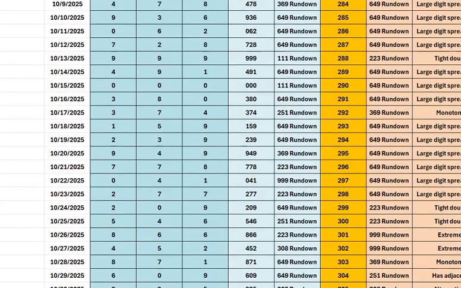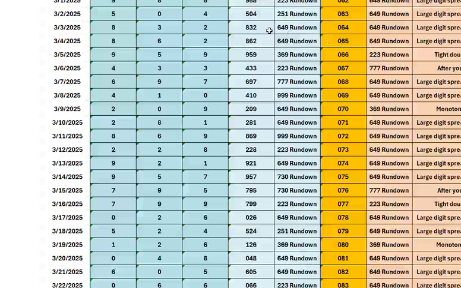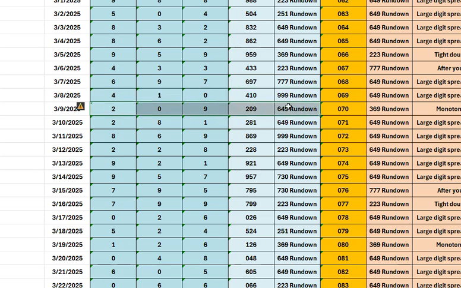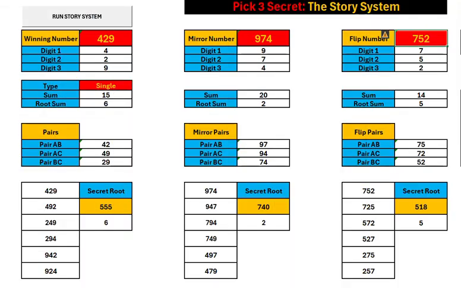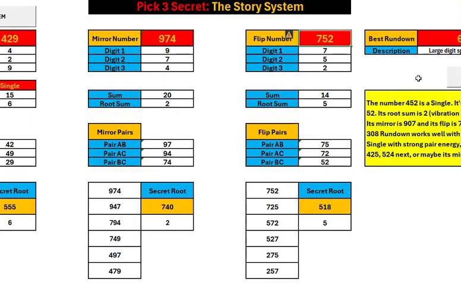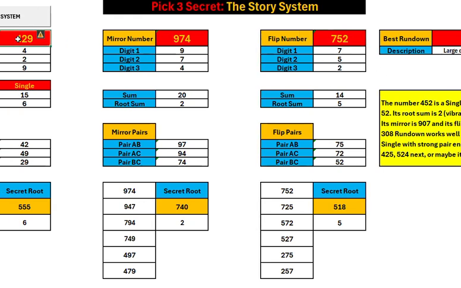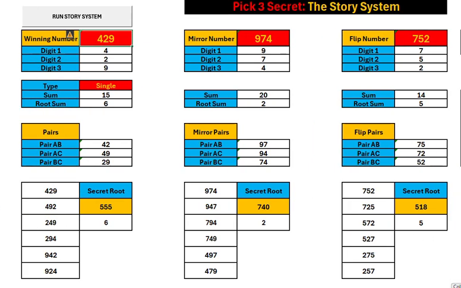And then even on the rundowns itself, what's the best rundown to play off of each number that has come up? Let's say on March 8th, 410 came up, and the best rundown is the 999 rundown. Then it shows here how that number came up. The sheet is already built with that. It's on the far right side. You can't really see it, but the best rundown will pop up here for whatever number you put into this box here.